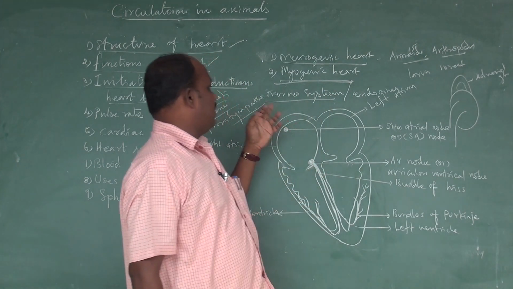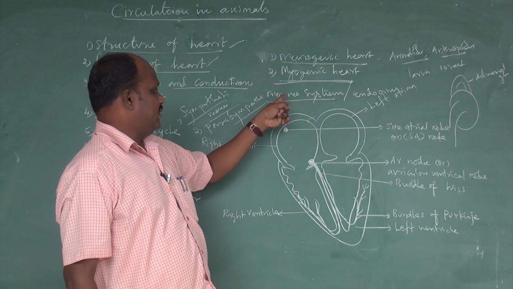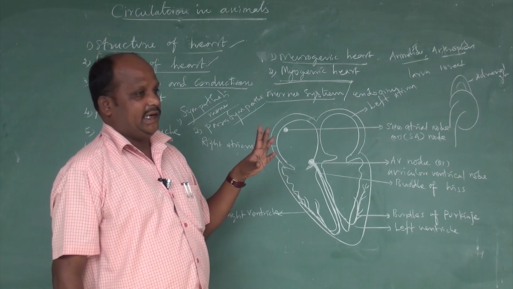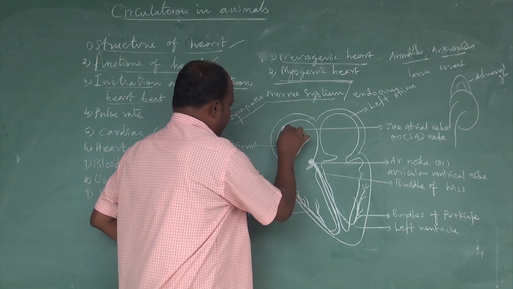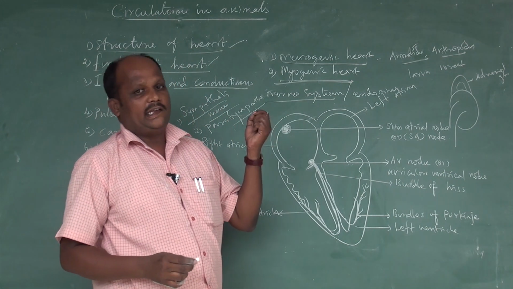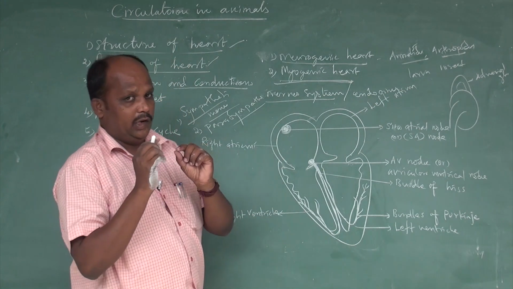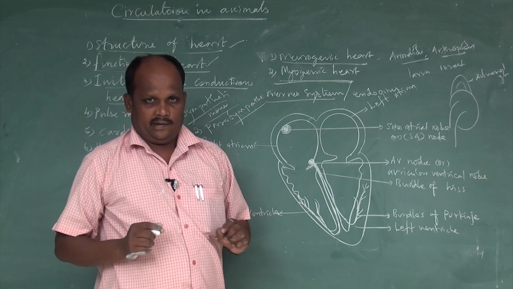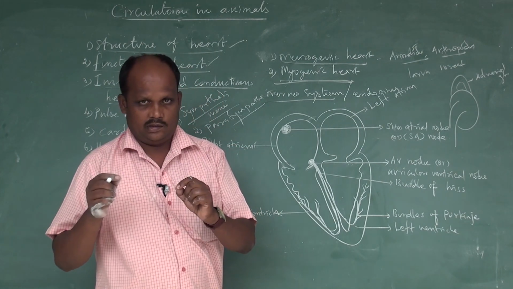The human heart is a myogenic heart, because it is stimulated by the nervous system and the endocrine gland system. The myogenic heart contains a small bundle-like structure called the sinoatrial node. The sinoatrial node is otherwise called the natural pacemaker. What is a pacemaker? A pacemaker is otherwise called an artificial heart.